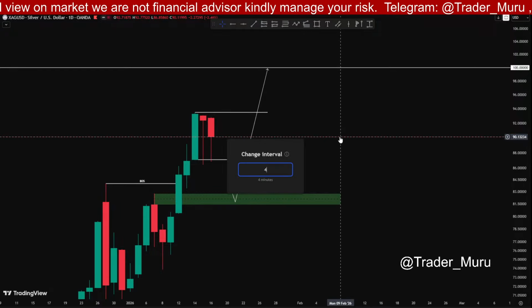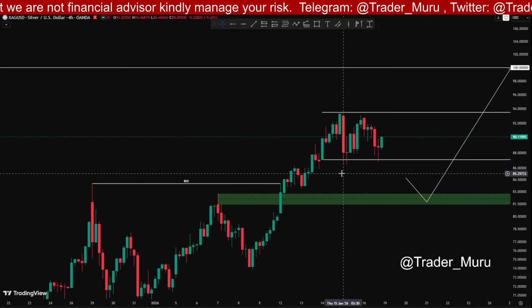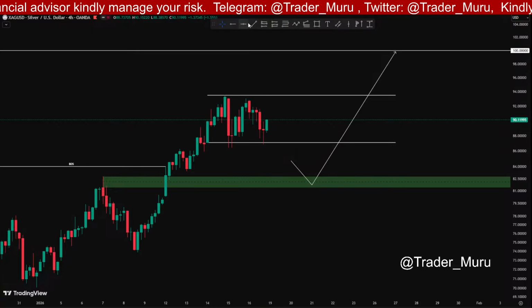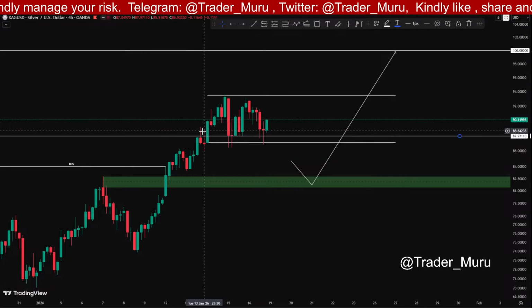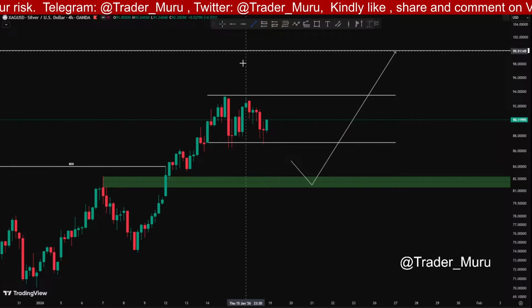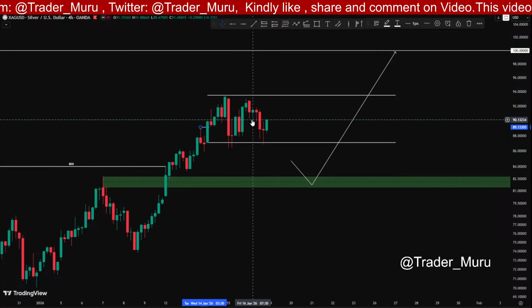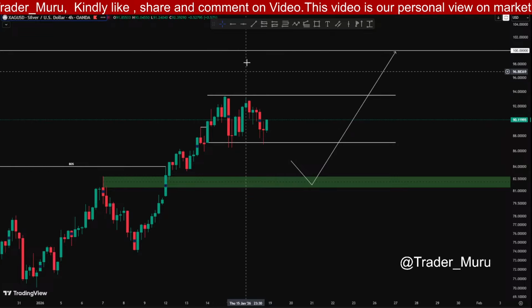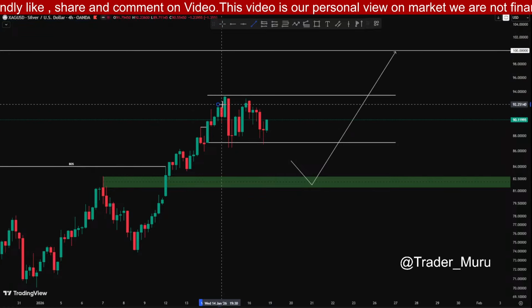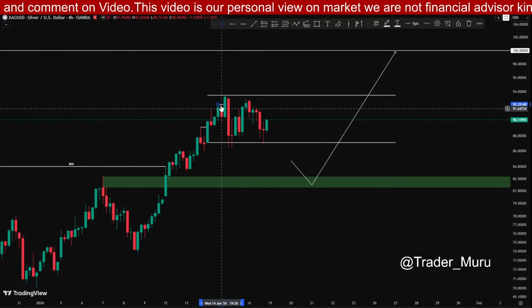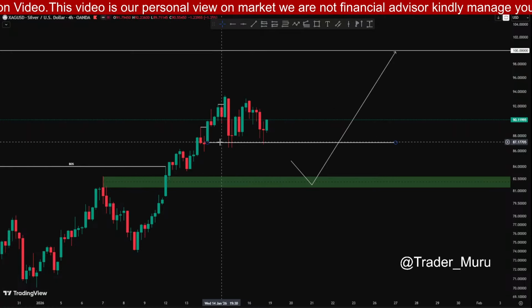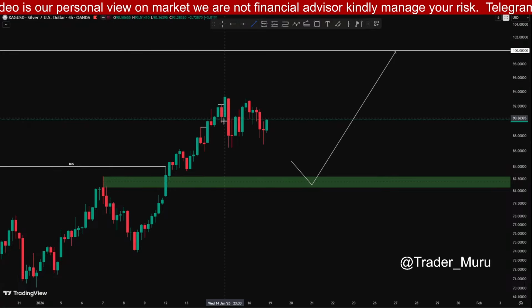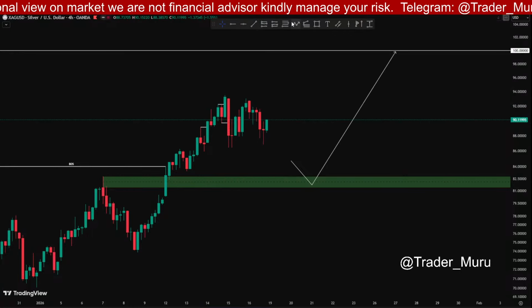Let's see 4 hour. In the 4 hour time frame, the last breakout structure is here, this one, and then after we have this breakout structure. Okay, so this is our final breakout structure. After that final breakout structure, we have a change of character.